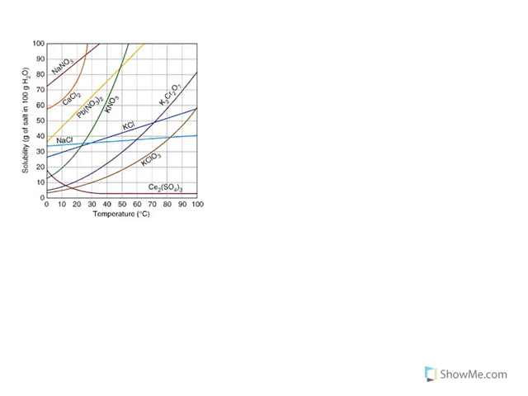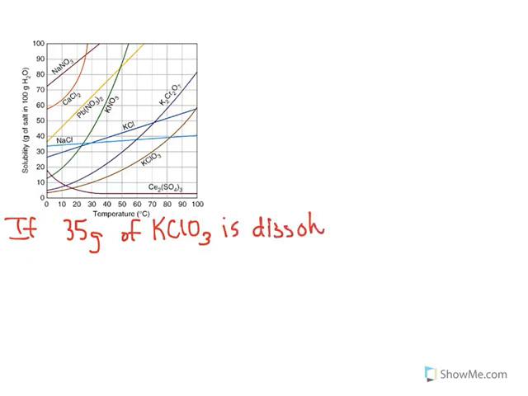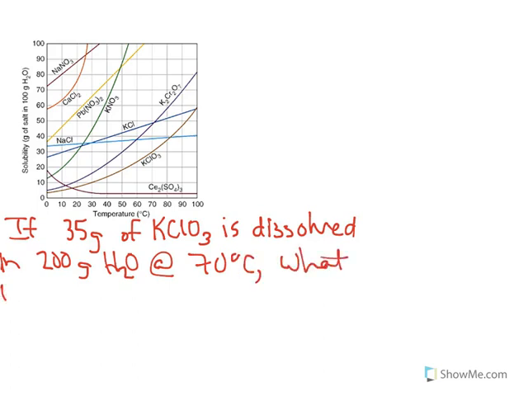All right, so let's say 35 grams of KClO3 is dissolved in 200 grams of water at 70 degrees Celsius. What type of solution is this?